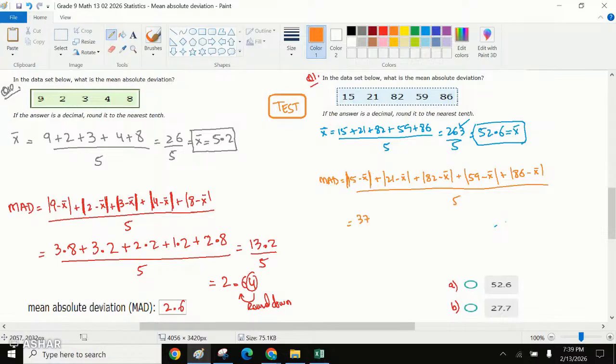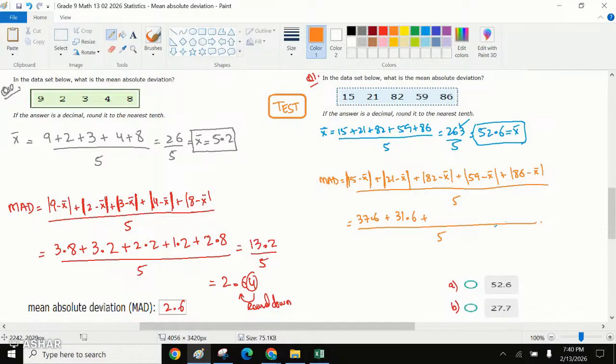This is 37.6, plus 21 minus 52.6. It came out to be negative 31.6, but because of the absolute function we write 31.6 as a positive.